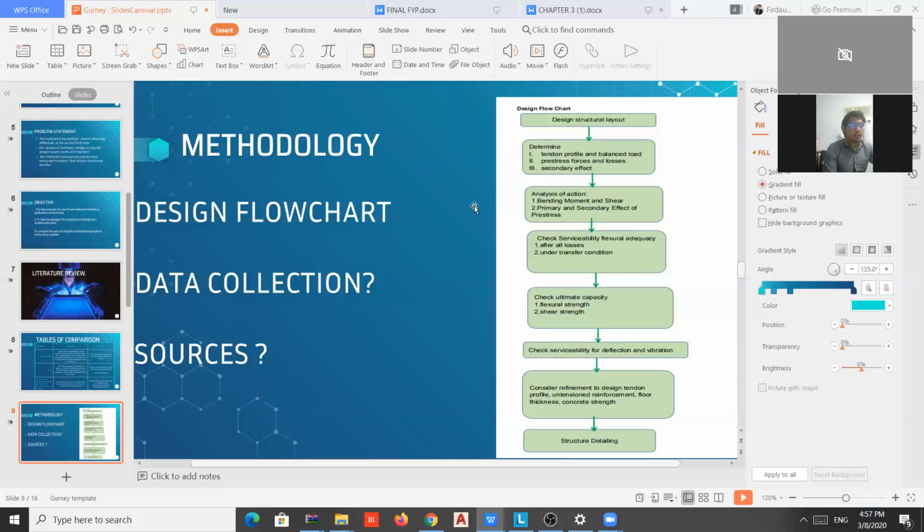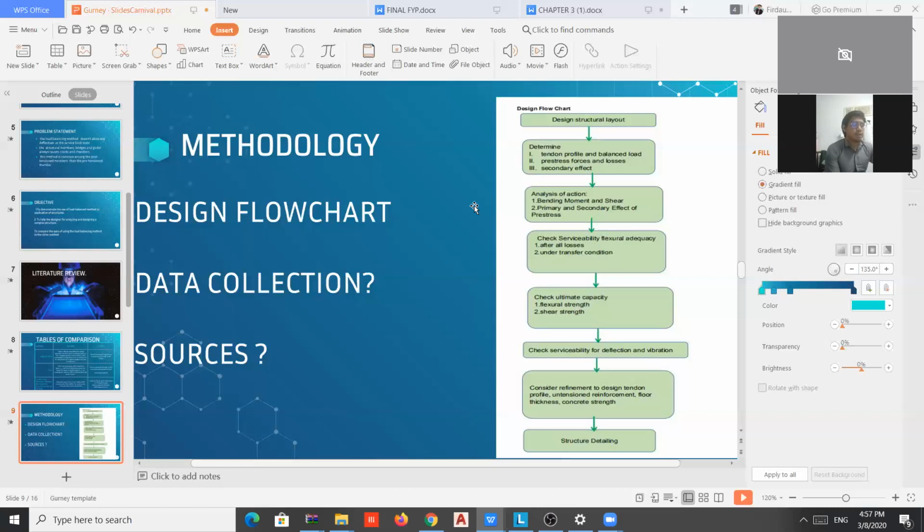After that, we will check the serviceability, flexural adequacy, or simply to be said, the service limit state, where we'll analyze the forces after the pre-stress losses, and check the pre-stress under transfer condition and under losses.